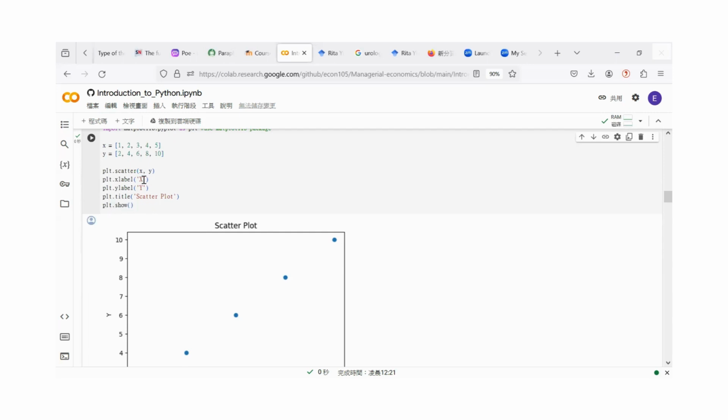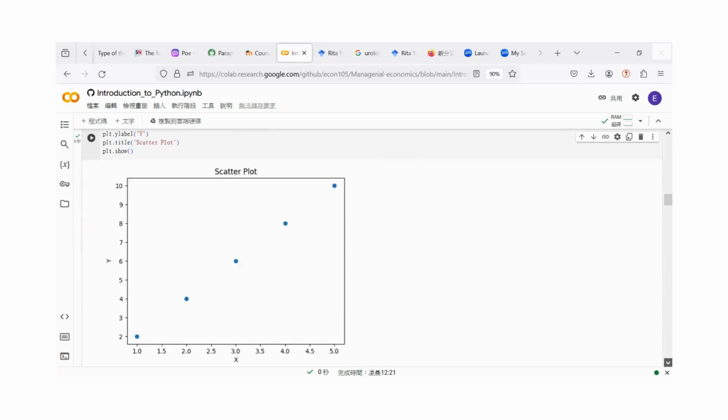For the plot x label and plot y label, you can use other words, for example female and male. If you change those in red here, you should see another title for the x label and y label, as well as the graph title.